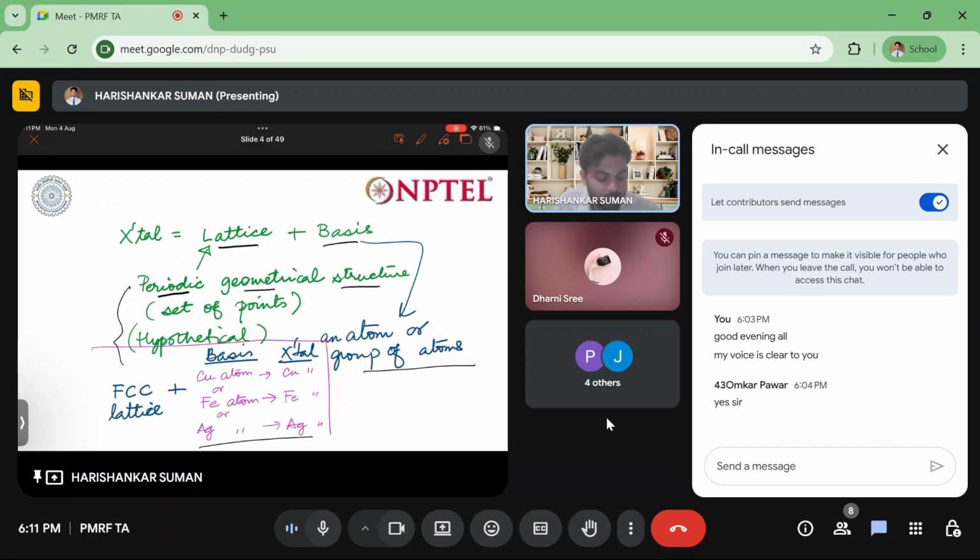These are the examples. We have an FCC lattice, an array of points, hypothetical, and the basis could be a Cu atom or Fe atom or Ag atom. Then this is the example of a crystal with an FCC lattice.